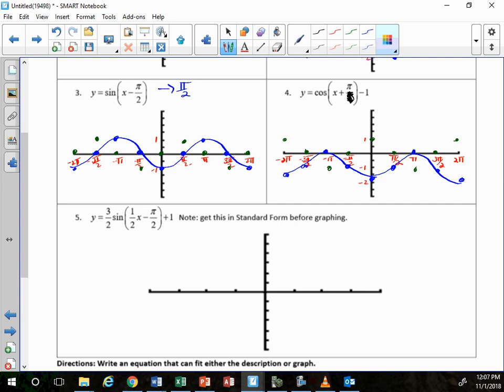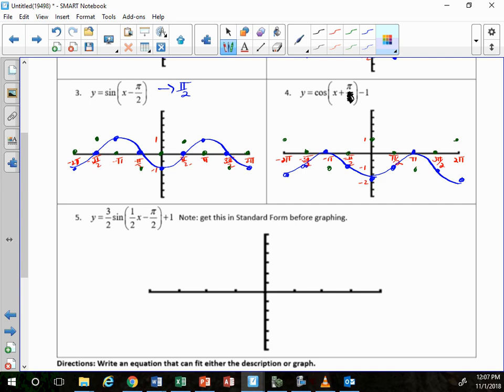All right, guys, let's look at number 5. This one looks kind of ugly, right? When you have a B value that's going to change the period of the graph and you have a phase shift, meaning the left or right shift, you must factor first. What must you do? Okay, good job.